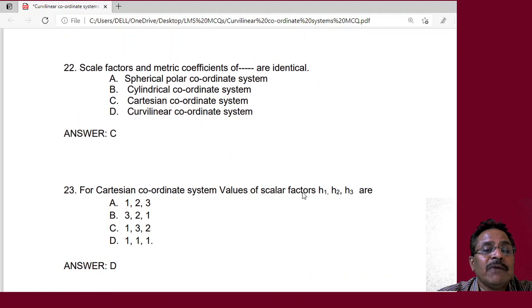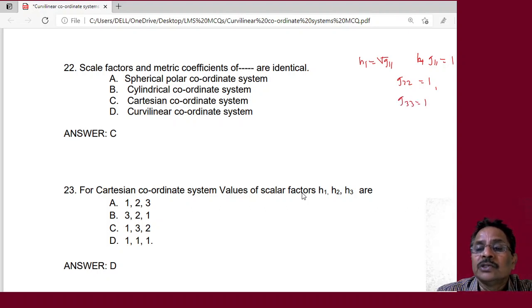Question 22: scale factors and metric coefficients are identical. So go for studying all these types of systems. You will find that for the Cartesian coordinate system, h1 is the root of g11, and here g11 is equal to 1, therefore h1 is also equal to 1. g22 is equal to 1, and therefore h2 is also equal to 1. g33 is equal to 1, therefore h3 is also equal to 1.